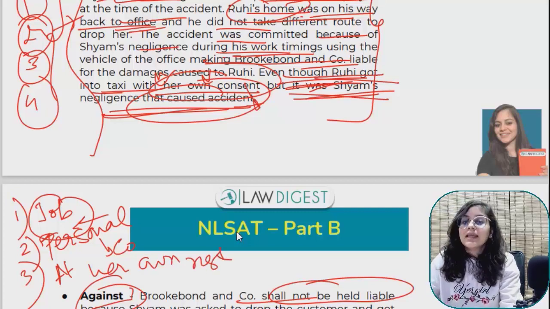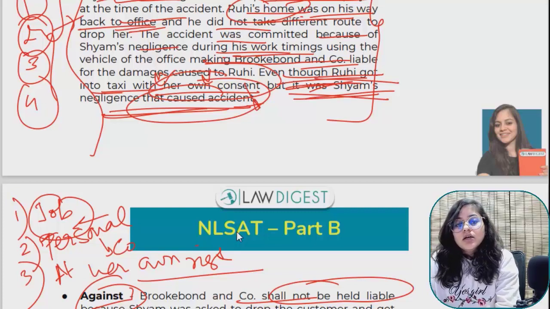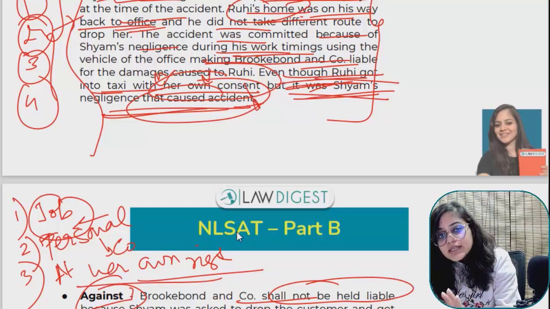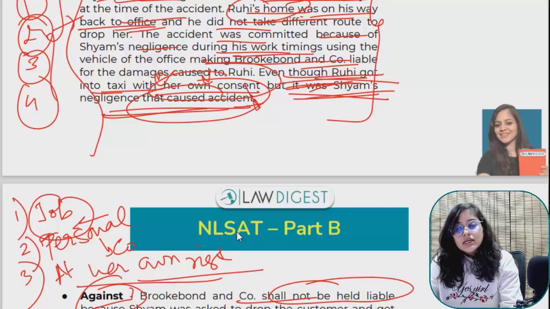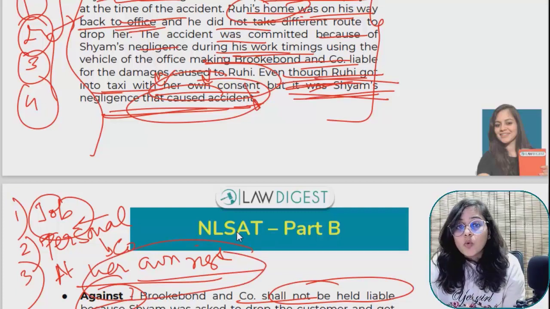Later, she cannot claim. She was in the taxi, she was present, she knew how Sham drives. She got into the taxi with her own consent. So she cannot claim this compensation from the company because it was at her own risk.